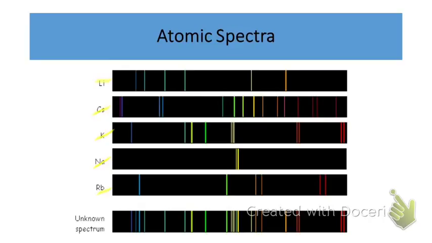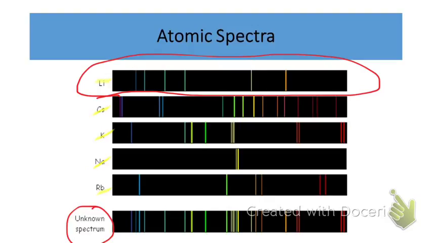So for lithium, this would be the fingerprint for lithium. And anytime you see this line spectrum, we know that we're looking at lithium, and so forth. Okay. When we have an unknown spectrum, like we have down at the bottom here, we can line up the individual fingerprints of different atoms and determine what's in our line spectrum.